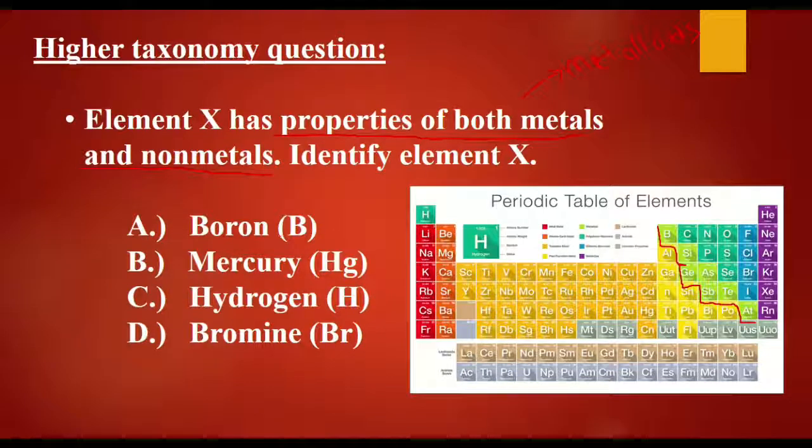A, boron, is located here. B, mercury, is located over here. C, hydrogen, and D, bromine. The only option that is located along the staircase is A, boron.